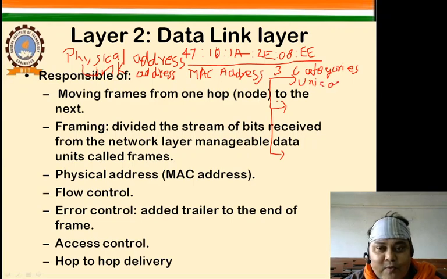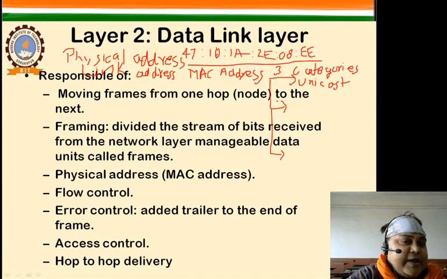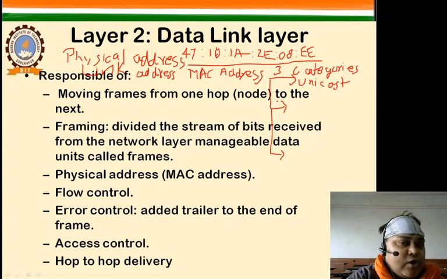So how do you identify Unicast? In simple words, when one-to-one communication is taking place in an internet or a network, that type of addressing is called unicast.